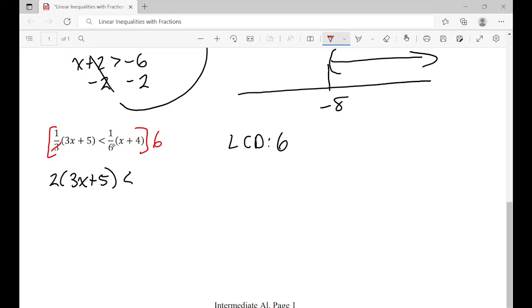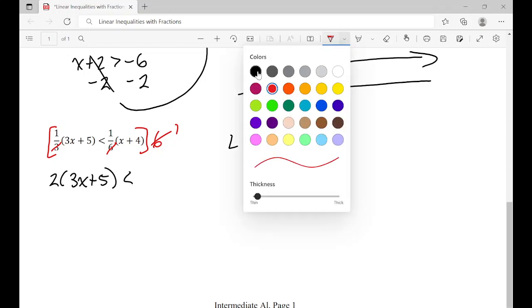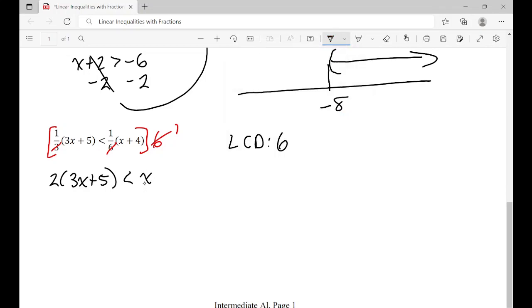So 6 will go into itself once, and will also go into 6 once. So now I'm going to distribute the 1 to the x plus 4, which is just going to give me x plus 4. So nice and simple, and a much better inequality to work with than the original.